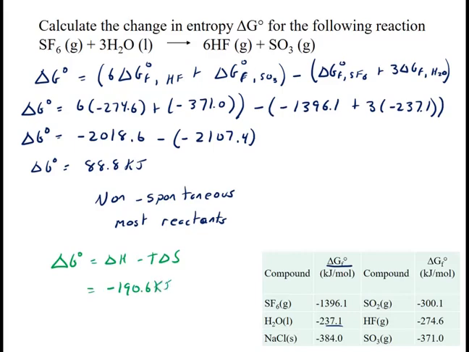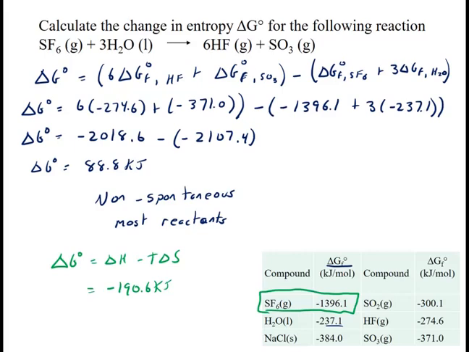And the only explanation I have for this, which sometimes happens, is that the numbers were gotten from different sources, which goes against what I said about having a standard delta G, but that's the only explanation that I have. I know in particular that our textbook does not have sulfur hexafluoride in it. And so I looked up these values from the internet, and I know that they came from 2 different websites. So that would be my explanation as to why we got such 2 different values there. But it does happen. Even I've had it happen with using values from our textbook.